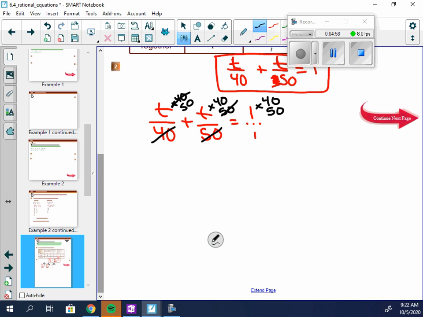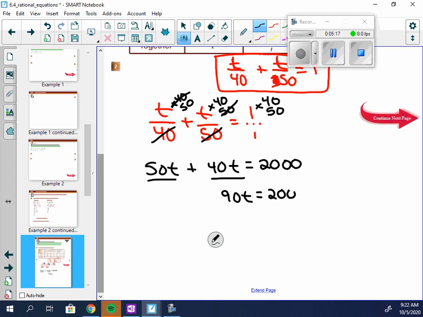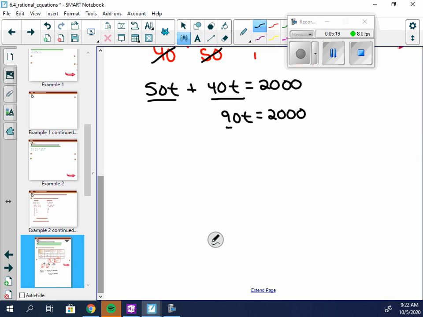And now what you have left is 50t plus 40t equals, and is this 2,000? Okay, and now you can solve. Now you can put them together. 50t plus 40t is 90t. And then divide by 90 on both sides.